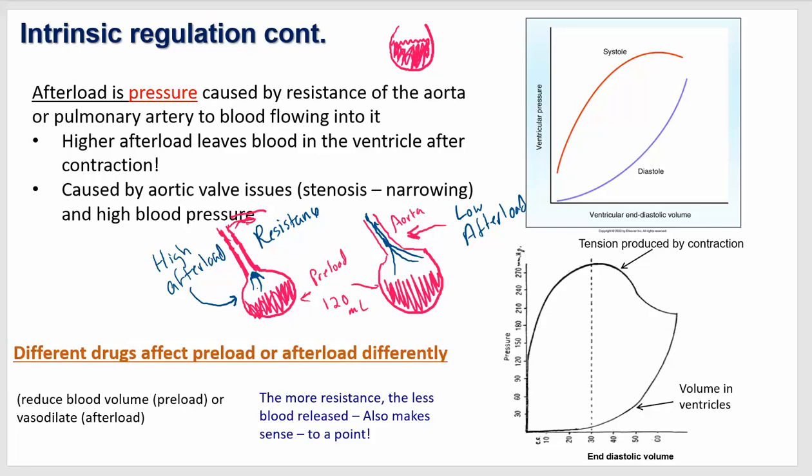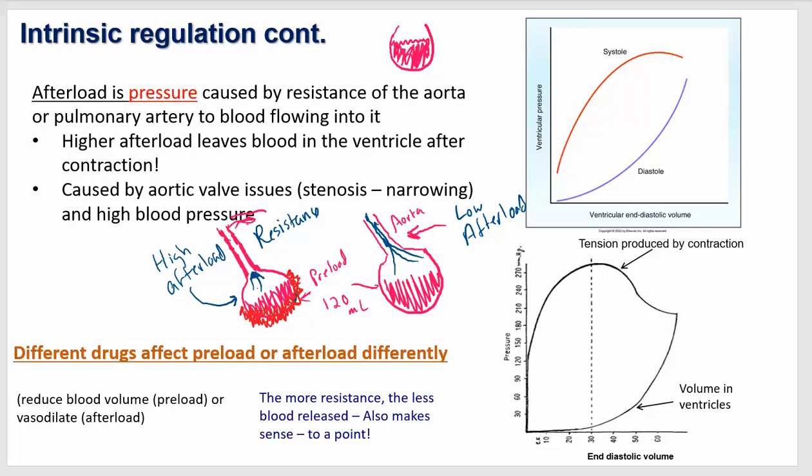So with a higher afterload, we can try to increase force. If there's high afterload for a long time, this heart is going to thicken, it's going to hypertrophy, it's going to get stronger and stronger. But if it's pushing against resistance a lot, it's not going to be able to push out as much blood every time.